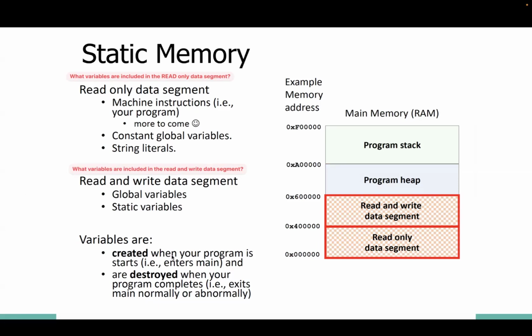They are created and destroyed with your program: when your program starts and gets into main, reading the code from the very first line to the end, once we start that function, these two parts are created.